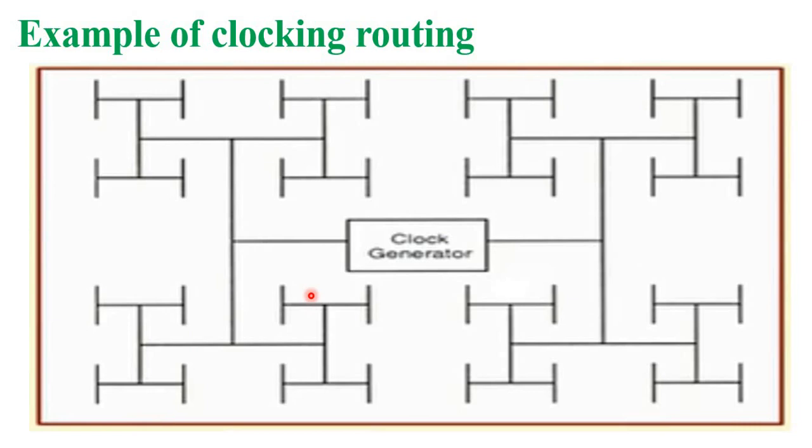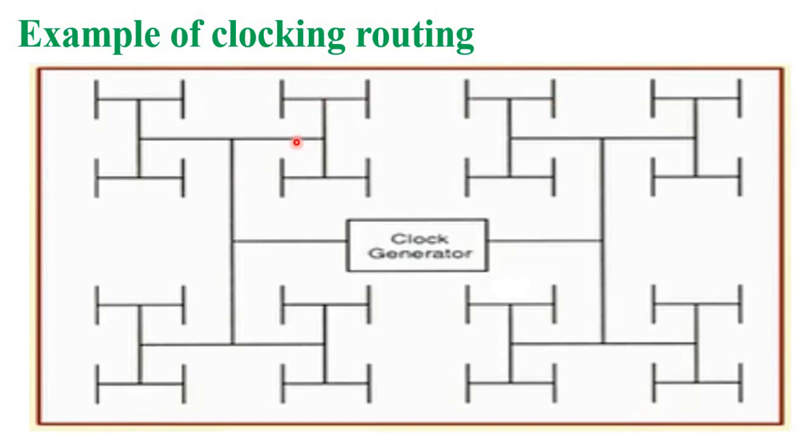So the three VLSI steps were discussed. One is called floor plan, the second one is called placement, and the third one is called routing. Once we take an area and construct the blocks, that is called floor plan.